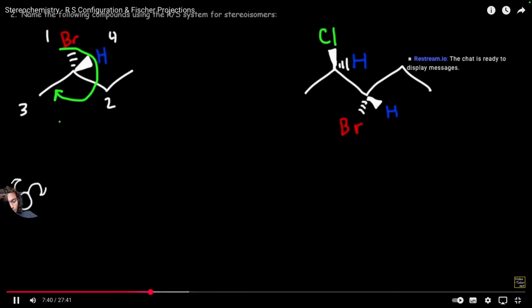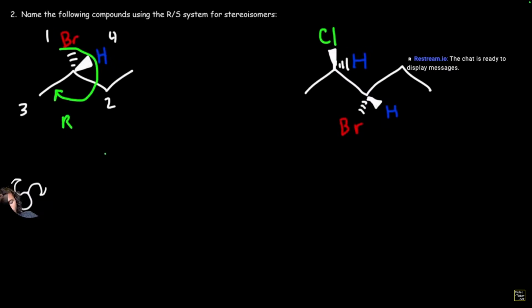You see that it's going in the R direction. And when you count from 1 to 2 to 3, ignore 4. Now after you count it, we're going to focus on 4. 4 is in the front, it's not in the back, which means we need to reverse it. So it's going counterclockwise, which means the configuration is S.